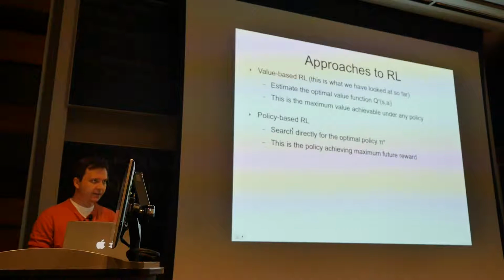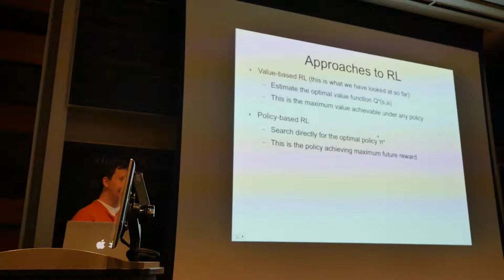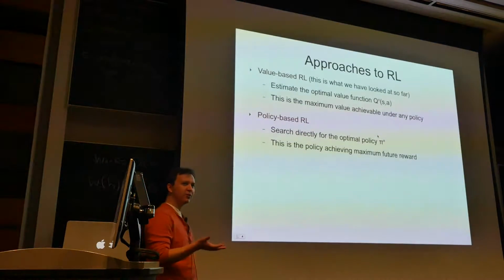Now, the second class of algorithms that we're going to study in this class are the policy-based reinforcement learning. And these models are trying to search directly for the optimal policy pi. This is the policy achieving the maximum future reward. So we're going to be bypassing estimating the Q function, and trying to estimate the policy directly. And sometimes it makes intuitive sense.